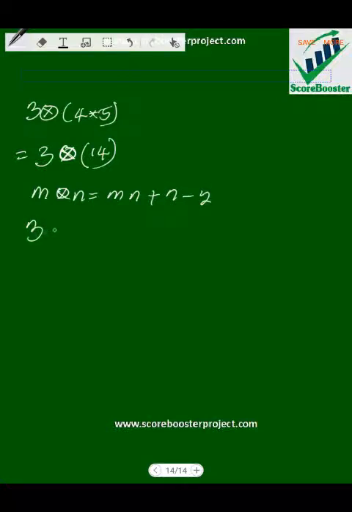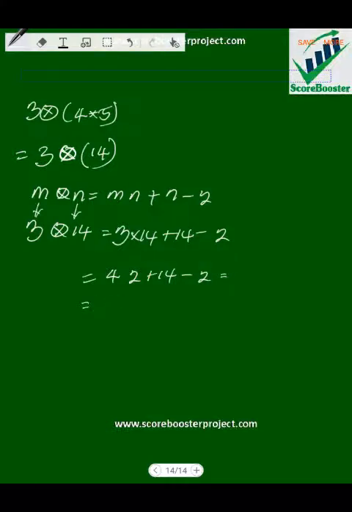And if I now have 3 and 14, it means my m is 3, my n is 14. So I'm gonna have 3 times 14 plus 14 minus 2, which is 42 plus 14 minus 2, and this will give me 54, and that will be my final answer.